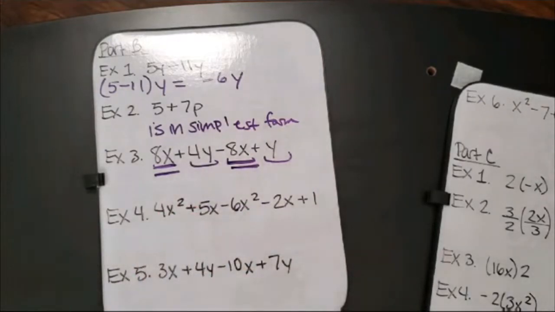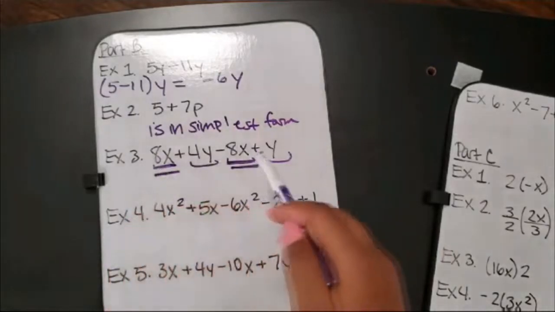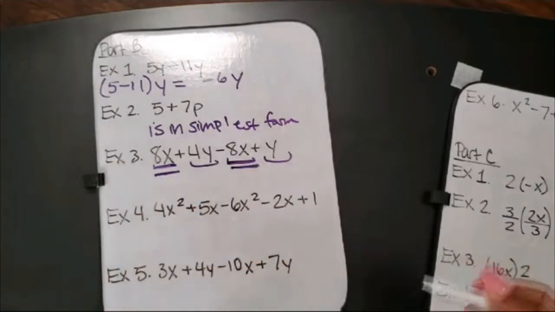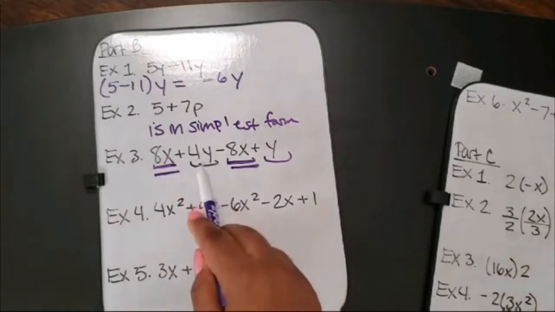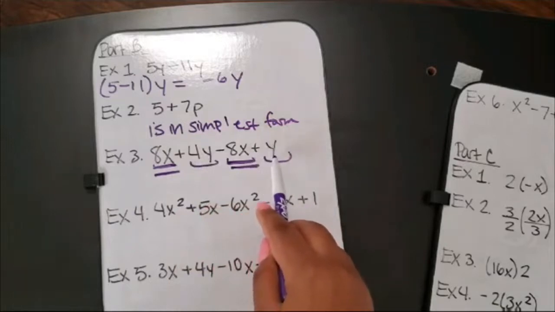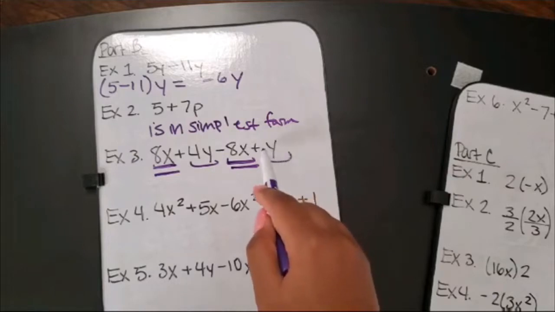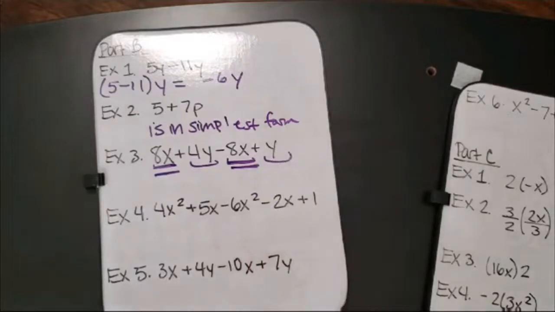So now we add the things together that are alike. So we have 8x minus 8x, which will be 0, because 8 minus 8 is 0. So we have 0 x's per se. So we don't have to write it if it's 0. Now we look at the y. We have 4y plus y, which if we have just one letter here is 1y, but we don't write the 1, okay?